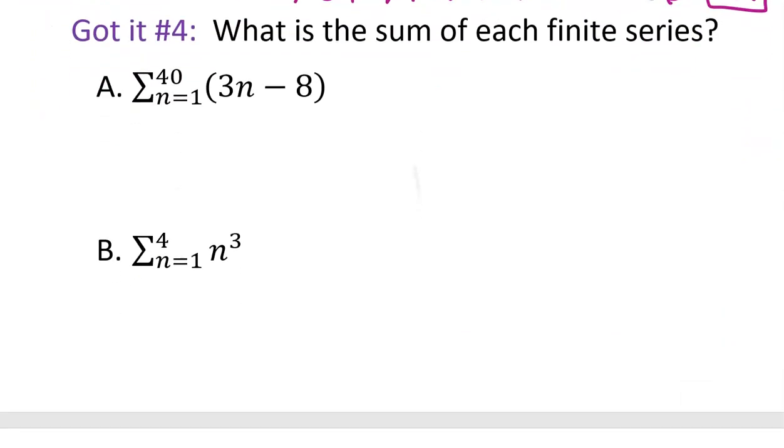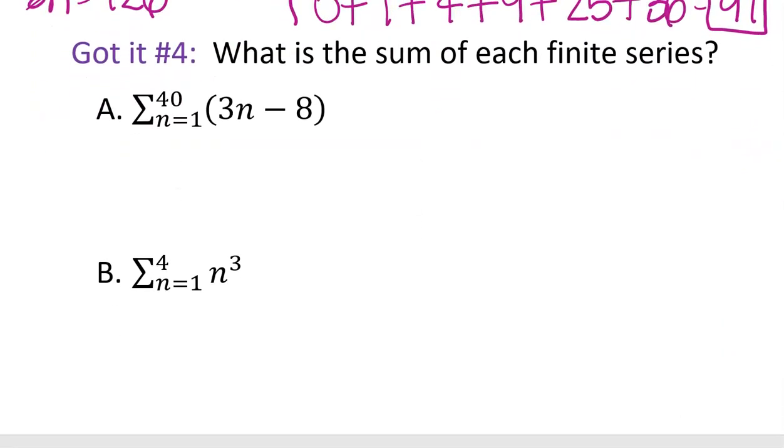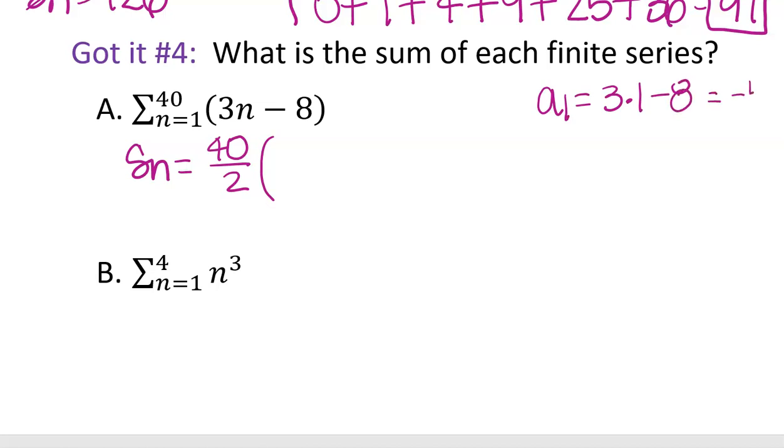Okay, here is the last set of Gotta questions. If you want to pause and try them, go right ahead. So 40 divided by 2, because we have 40 terms, or the top is 40. Our first term would be 3 times 1 minus 8, which is negative 5.